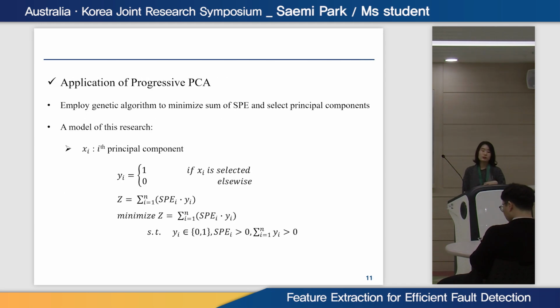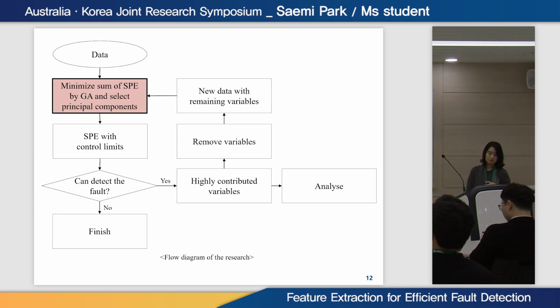In this research, I employed the genetic algorithm to minimize the sum of SPE and then select principal components. So the model of this research is like these equations. The flow chart of this research is this. First, I minimize the sum of SPE by the genetic algorithm and select principal components.